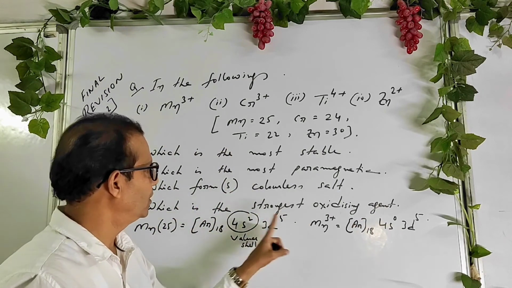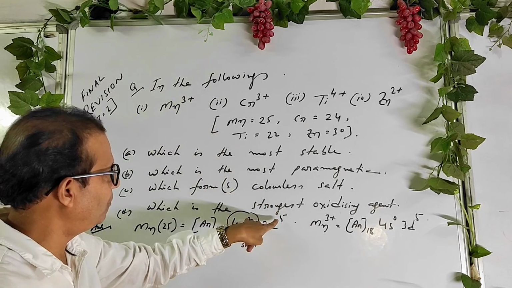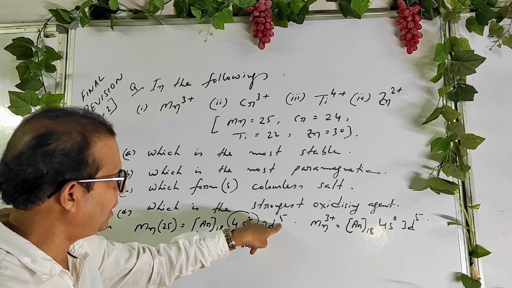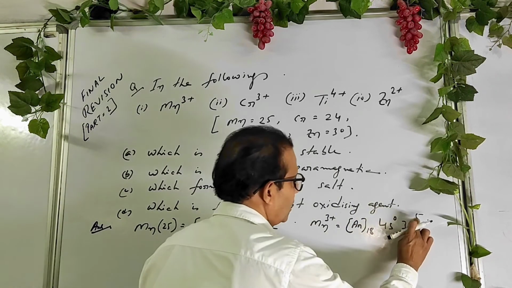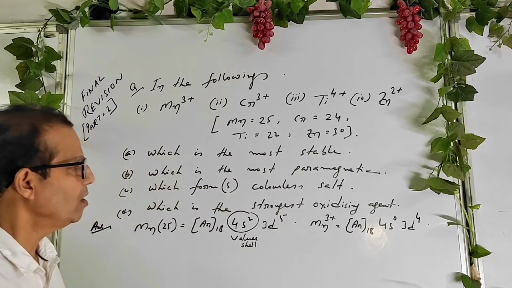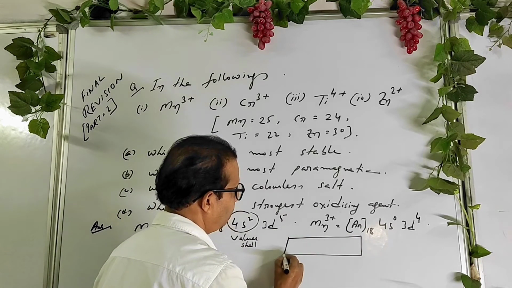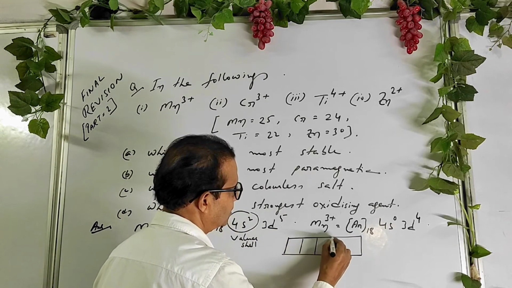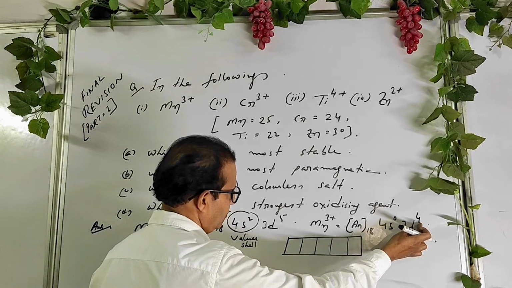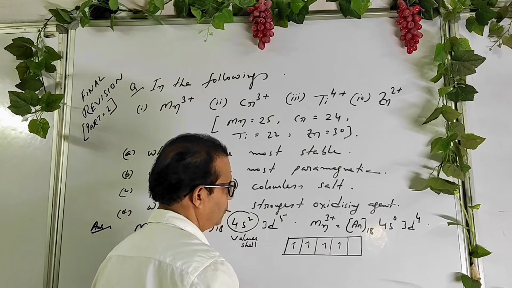Now actually we have to remove 3 electrons, so the d orbital contains 4 here. You know that there are 5 d orbitals. Put the 4 electrons: 1, 2, 3, 4.